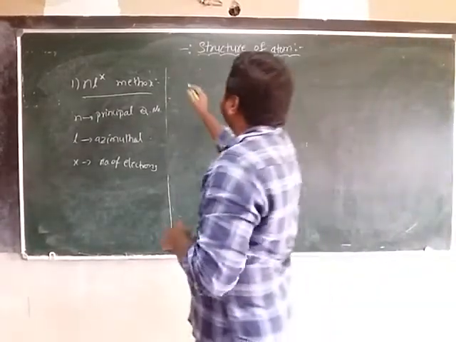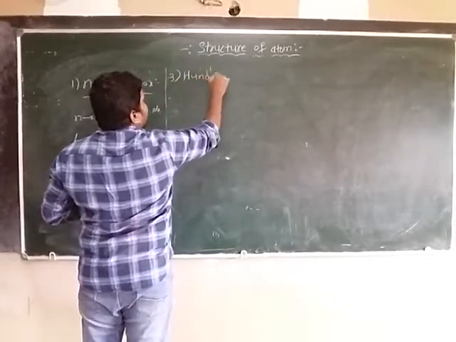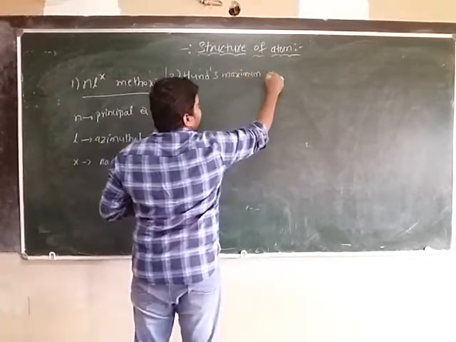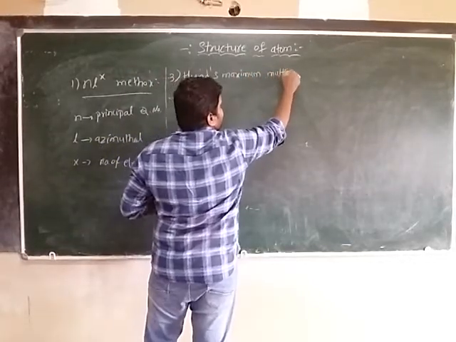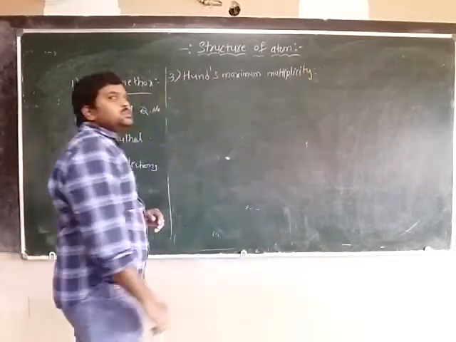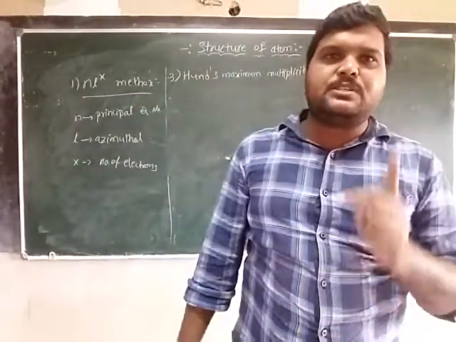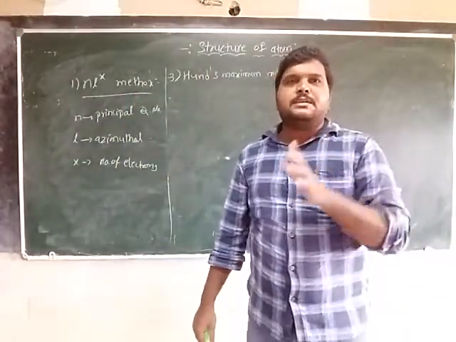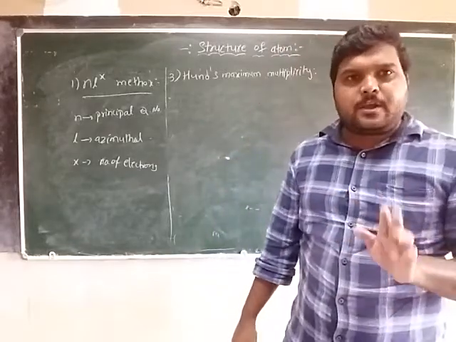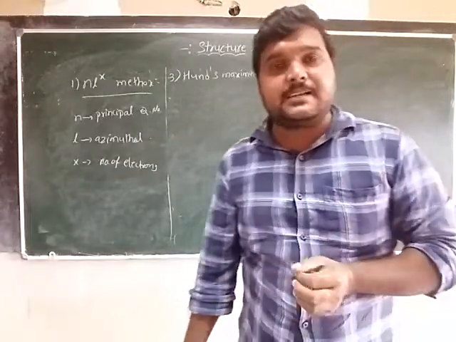Next, the third one, Hund's maximum multiplicity rule. So what does it indicate? Generally, the s subshell has 1 orbital, the p subshell has 3 degenerate orbitals, the d subshell has 5 degenerate orbitals. What is the meaning of degenerate orbitals?